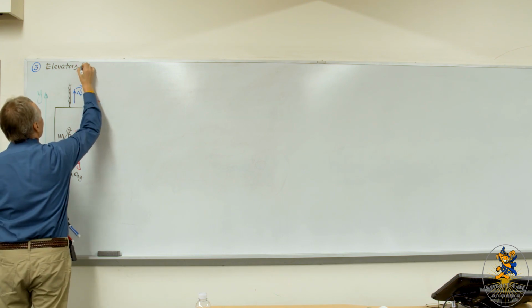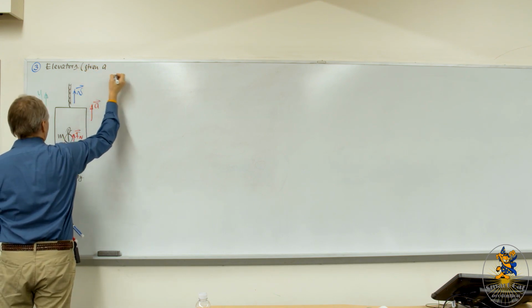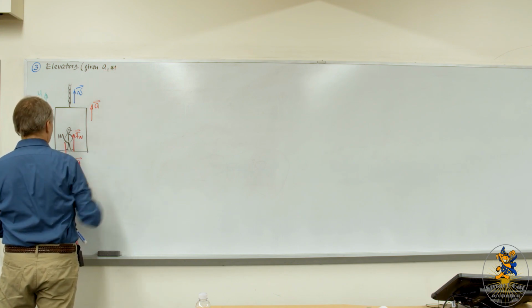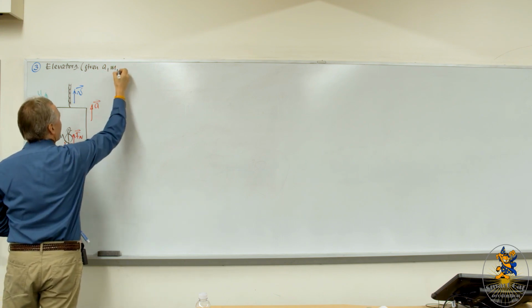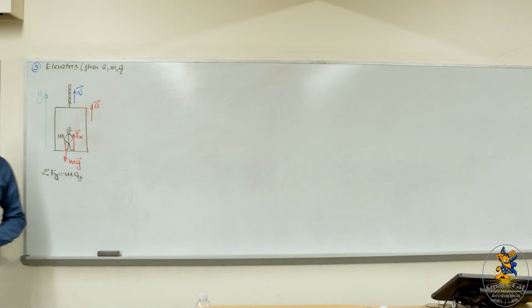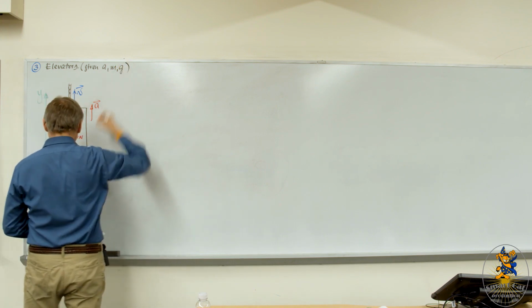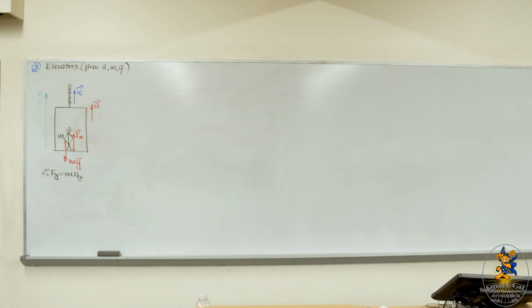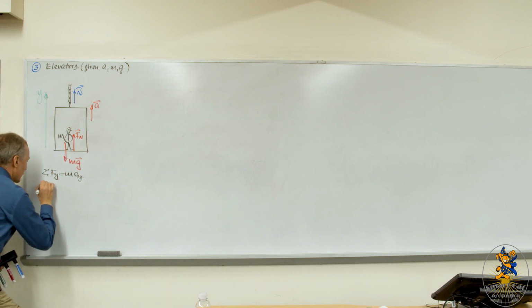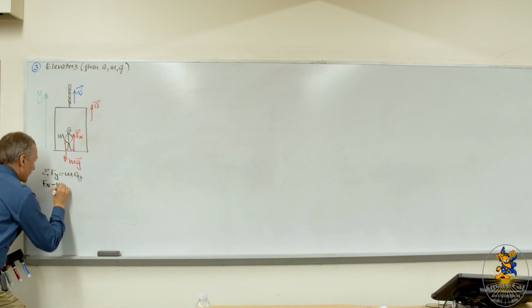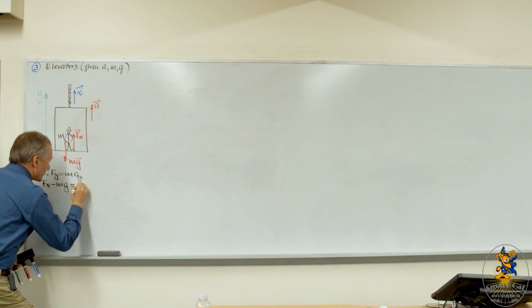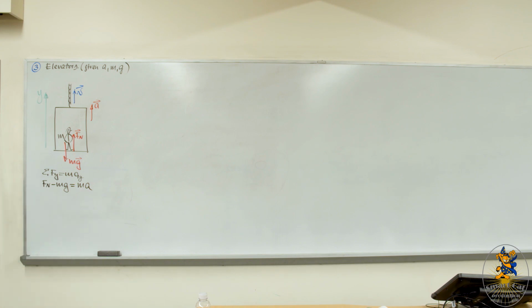Okay, let me write down what is given. Acceleration. We can say mass. What else do we need? Acceleration due to gravity. Right. I will add if I forget something. Right. Okay, so normal force is positive, gravitational force is negative, mass times acceleration is given, ma, and it's positive.